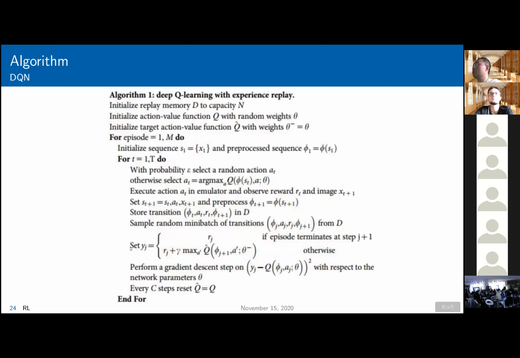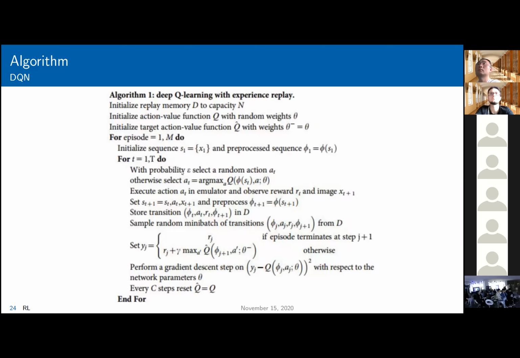This is the algorithm. So there are two networks with different features in DQN. The main net, which predicts the Q estimation, uses the latest parameters, while the target net, which predicts the Q reality, uses the parameters from a long time ago.